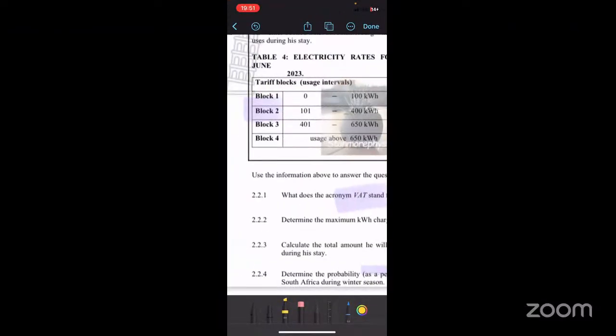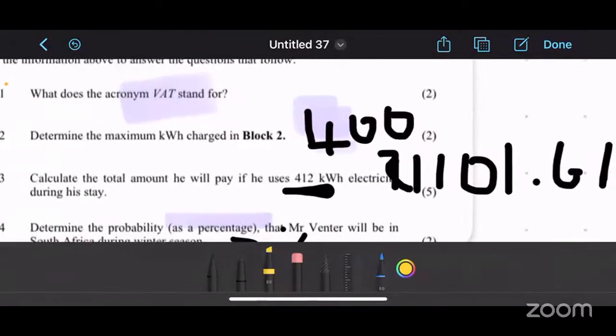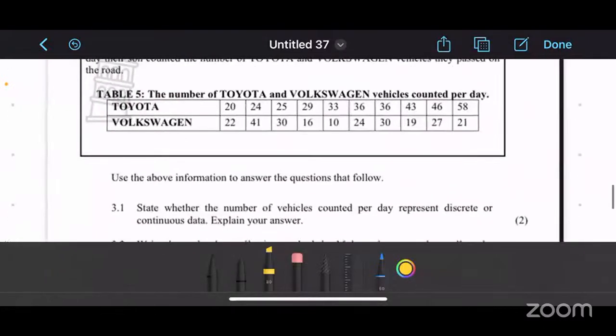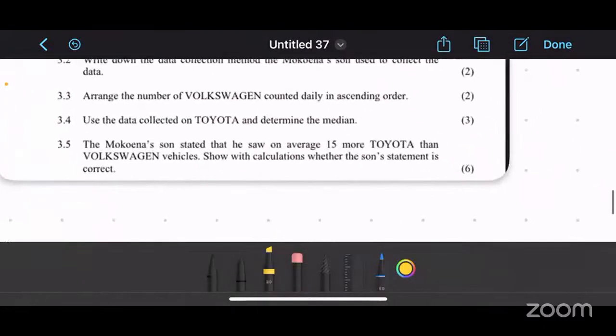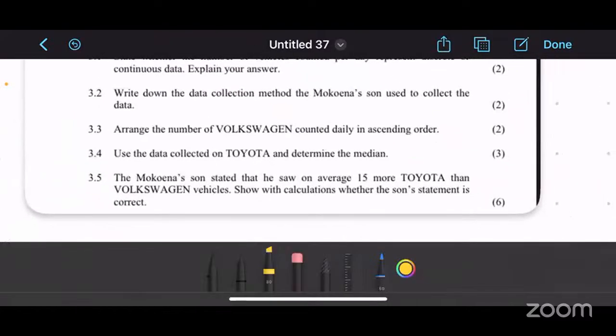Okay. So basically, yes, you're right. The son was observing the cars on the road, so that automatically means the observation method was used to collect the data. Next, arrange the number of Volkswagens counted daily in ascending order.